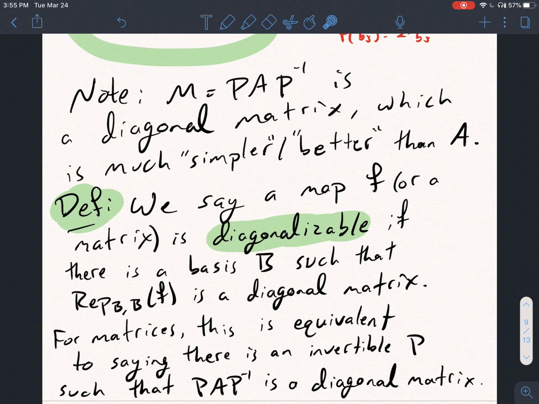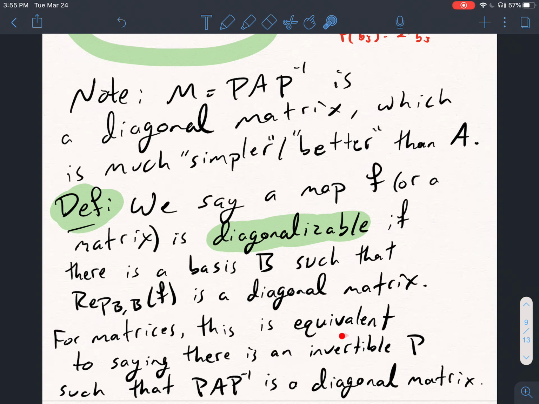We can also extend this definition to just matrices. We could just say that a matrix is diagonalizable if there is an invertible matrix P such that PAP inverse is a diagonal matrix.